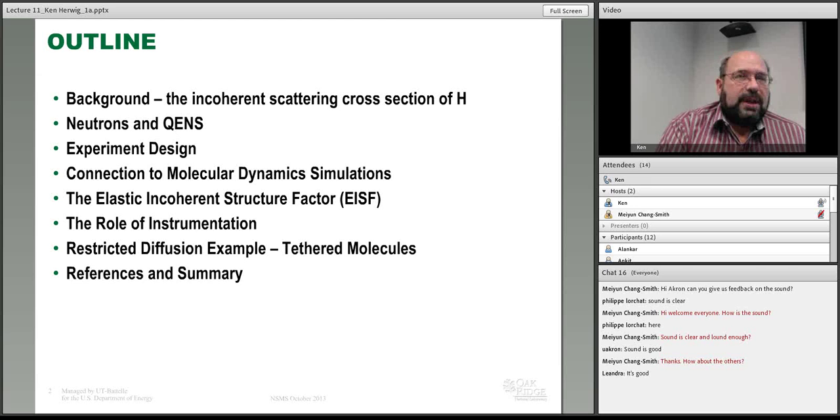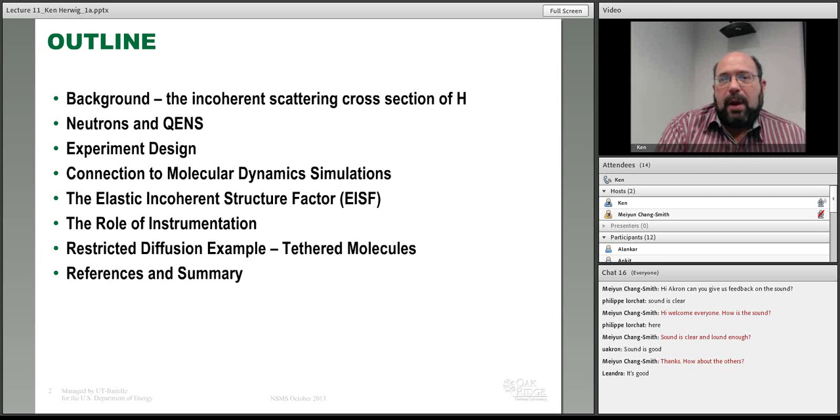I'll give you the connection to molecular dynamics simulations. We'll talk about the elastic incoherent structure factor, which is a concept you'll see in the literature on quasi-elastic scattering. The role of instrumentation is quite strong in designing both an experiment and in the information you want to extract, and so we'll spend some time looking at that.